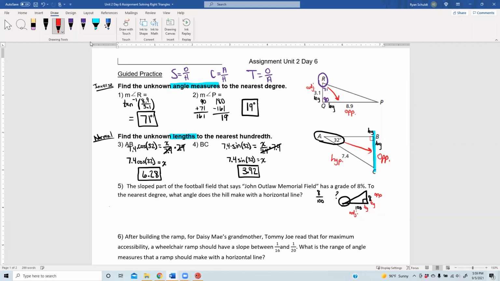Since I'm finding the angle, that means inverse. Angle means inverse. So I'm going to do the tangent inverse of 8 over 100.